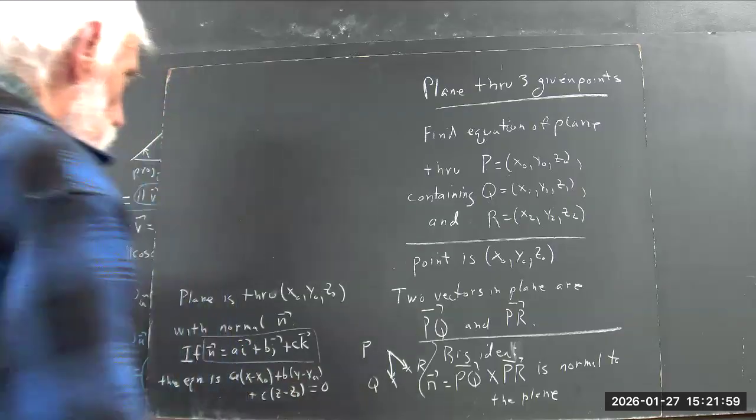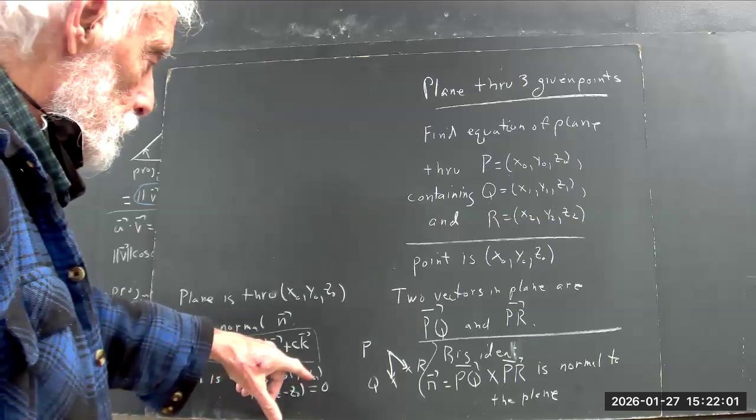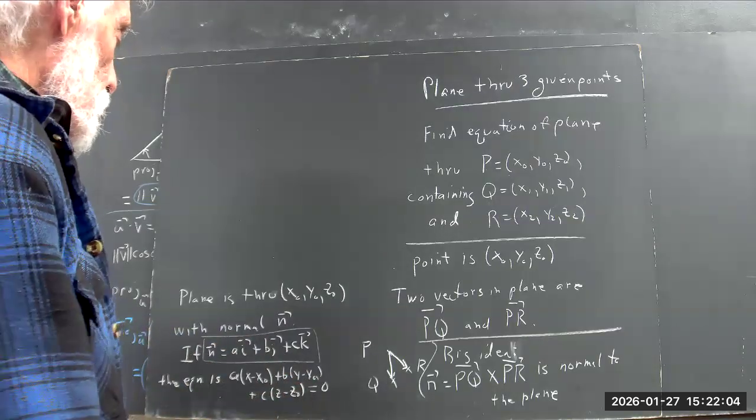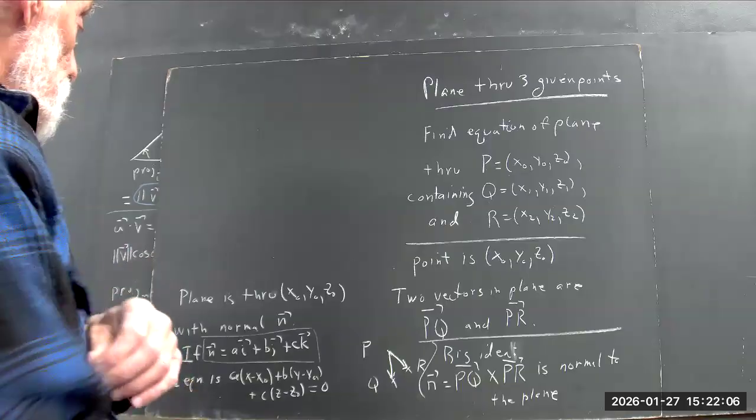And there's your equation: a times (x minus x naught) plus b times (y minus y naught) plus c times (z minus z naught) equals 0.